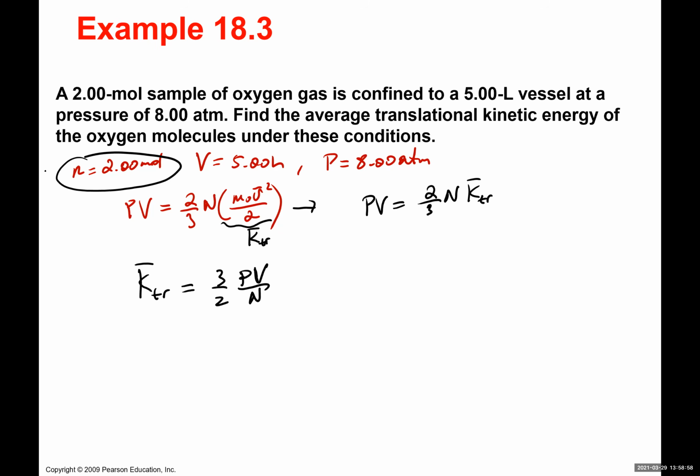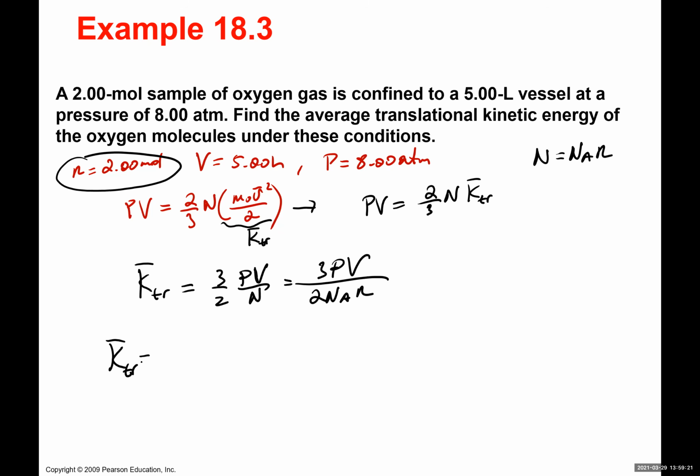But remember, they're related. The total number of molecules is the Avogadro number times the number of moles. That means I can say it's 3 PV over 2 times Avogadro number times number of moles. And I have everything that I need at this point to calculate it.